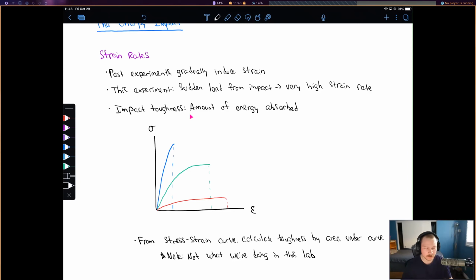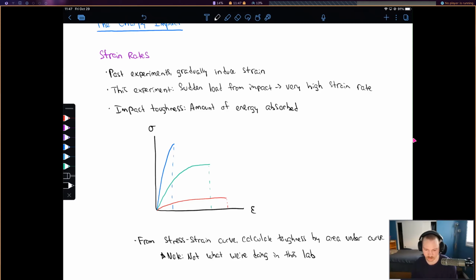Again, we're not doing this in this lab because we're doing an impact test, but it's still relevant because we're talking about toughness. It'll give you a better idea of what toughness really means. So again, toughness is the amount of energy that is absorbed. If you have a stress strain curve, you can calculate that by looking at the area under the curve.